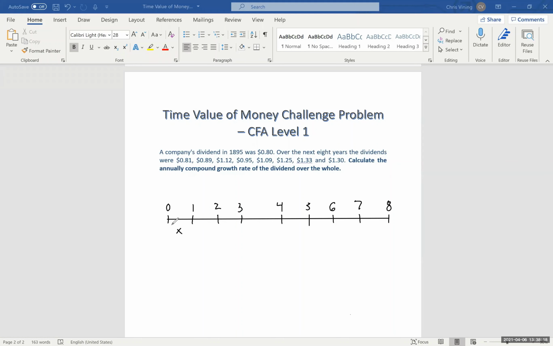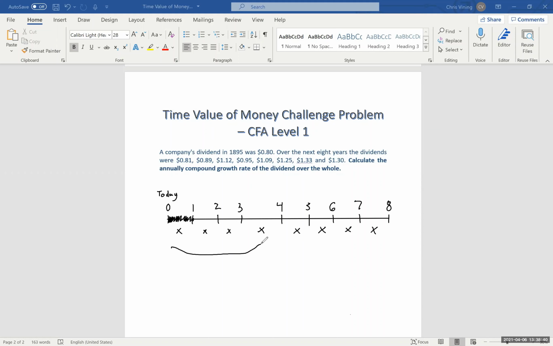So we need the growth for this year. That's 1. From time 0, which is always today. So time 0 is another way of saying today. So this is 1 period from 0 to 1, then 1 to 2, then 2 to 3, 3 to 4, 4 to 5, 5 to 6, 6 to 7, and 7 to 8.